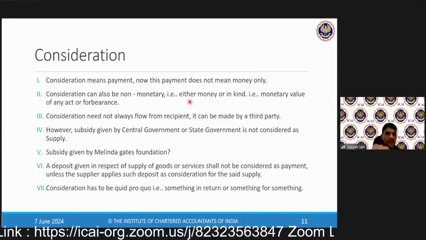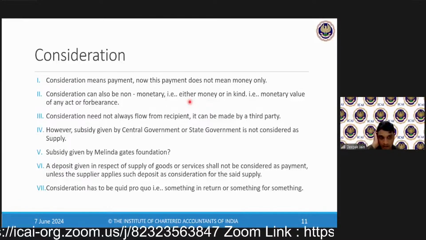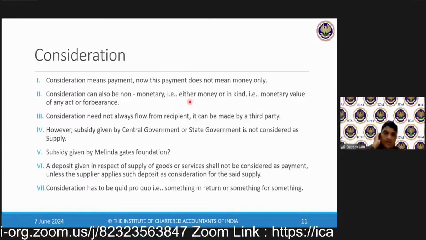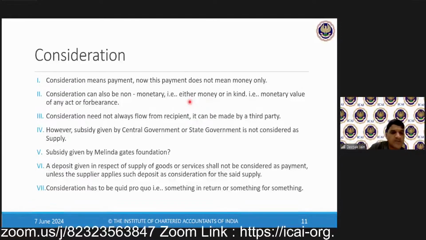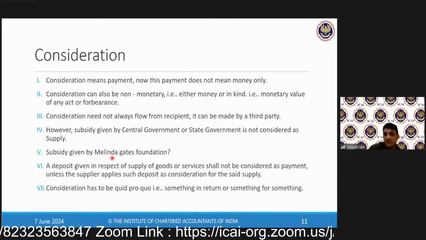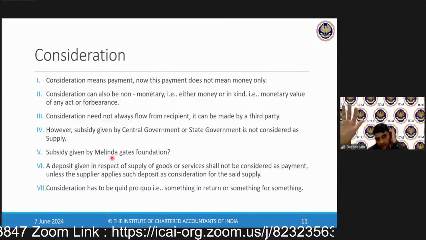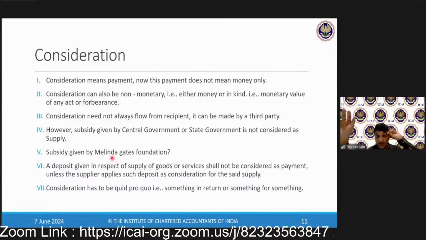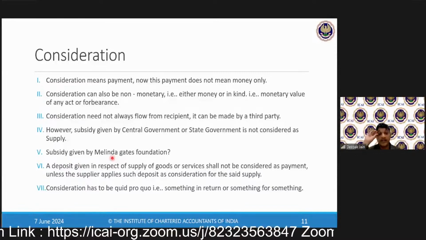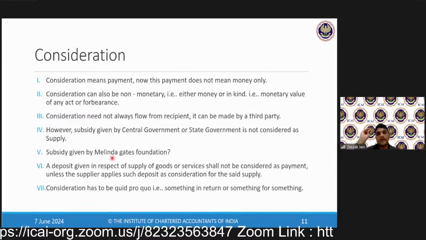But specifically, you have to understand that this subsidy should be from the central government or state government. So here comes a related question. A subsidy is given, the same as for the sale of bags, by the Melinda Gates Foundation. You know Bill Gates, correct? Bill Gates runs a foundation called Melinda Gates. Now this Melinda Gates Foundation said that 250 rupees we will give for the bags.